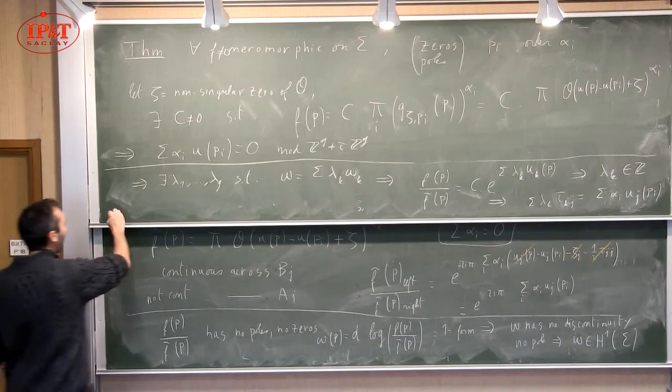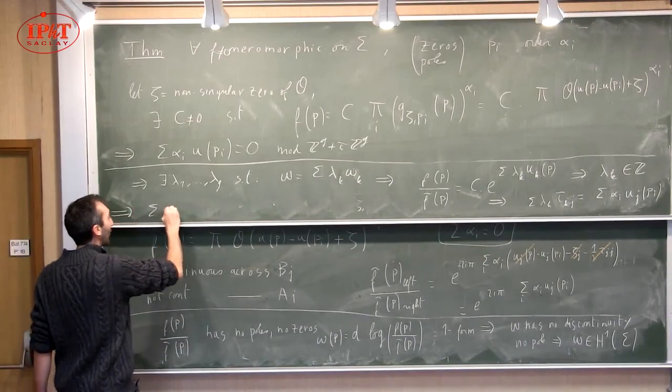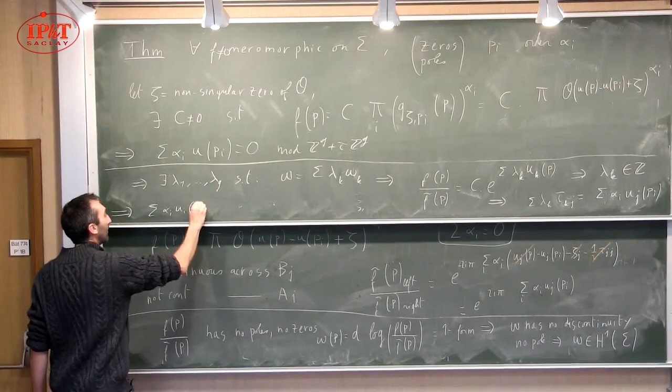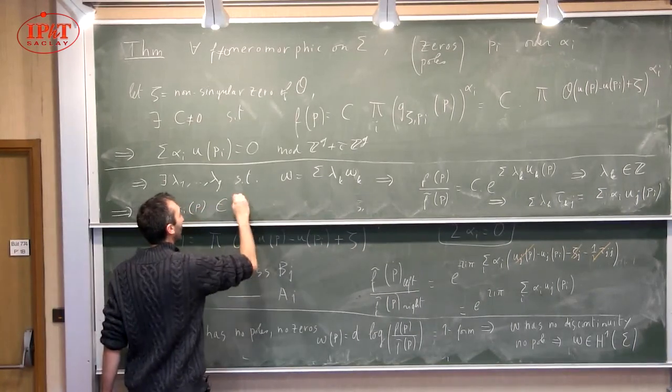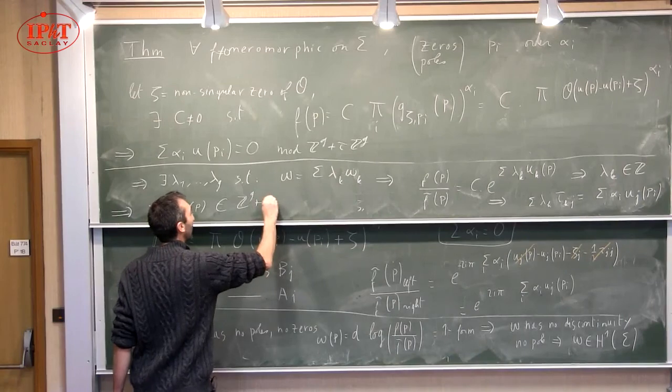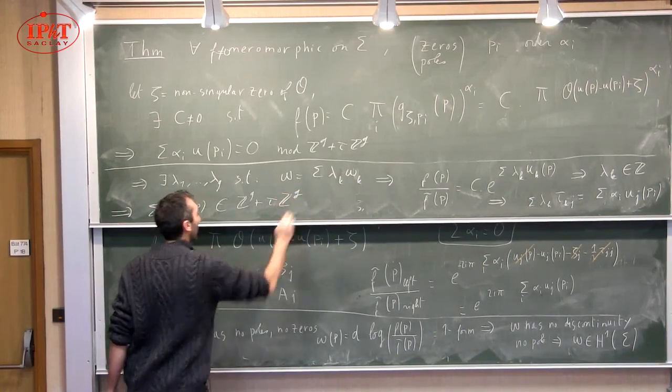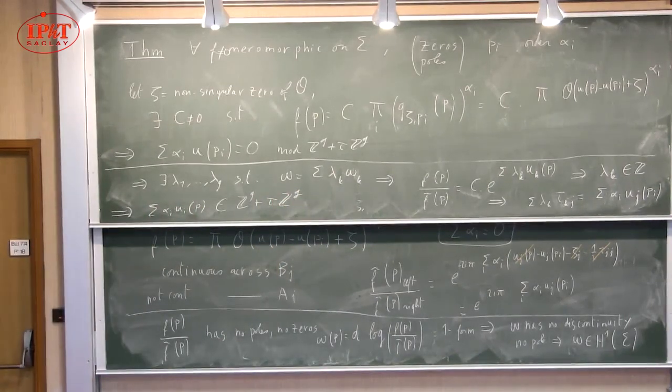So which implies that sum of alpha I ui of p belongs to Z^g plus tau Z^g. Which implies that f tilde indeed has no discontinuity. And now f over f tilde is a meromorphic function without poles, so it must be a constant. You all agree?